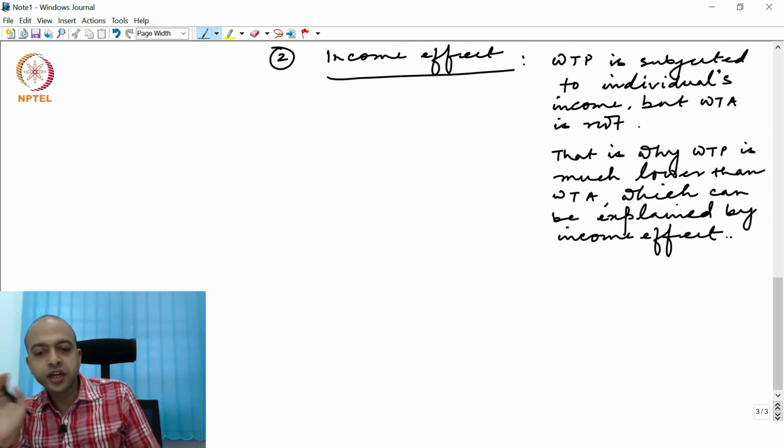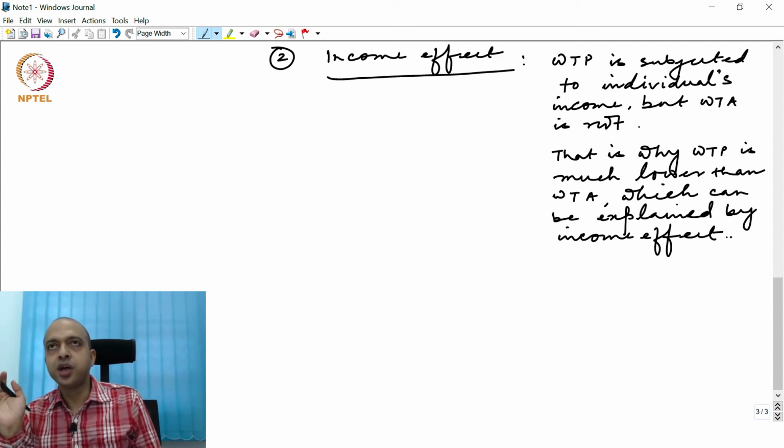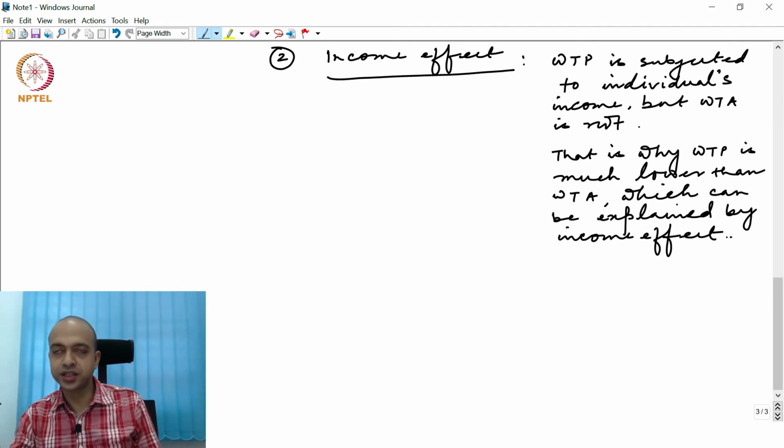So the second reason behind the disparity between willingness to pay and willingness to accept is income effect. Since willingness to pay is subjected to income while willingness to accept is not, we can say that willingness to pay is much lower than willingness to accept compensation, right?